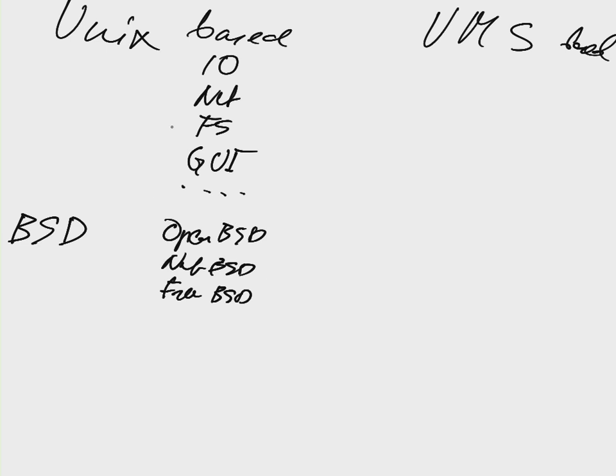This is one of these still alive clones of original Unixes. What kind of Unixes have died out is like AIX system, coming from IBM, HP-UX system for HP. What else?